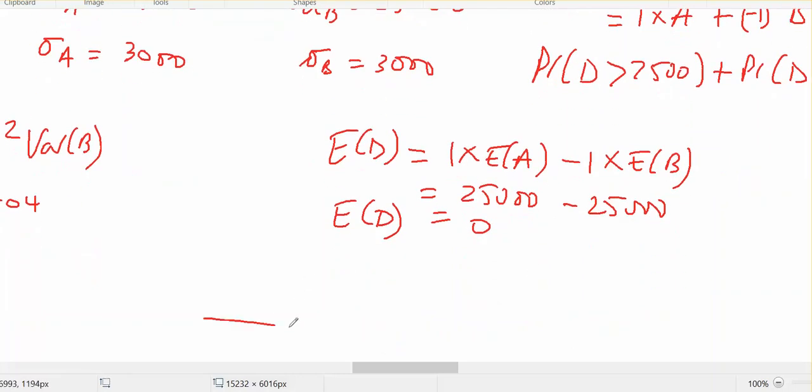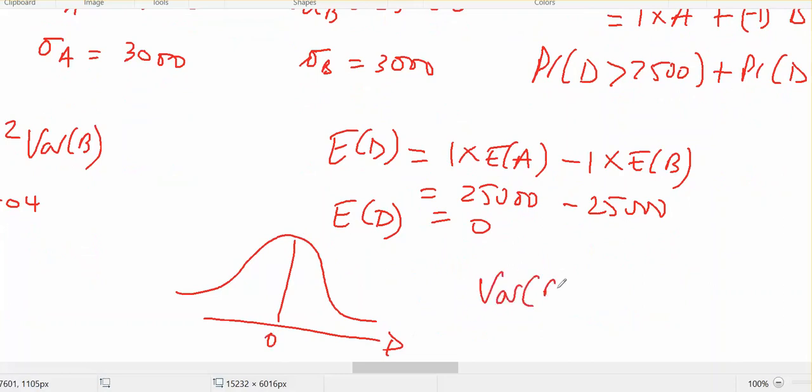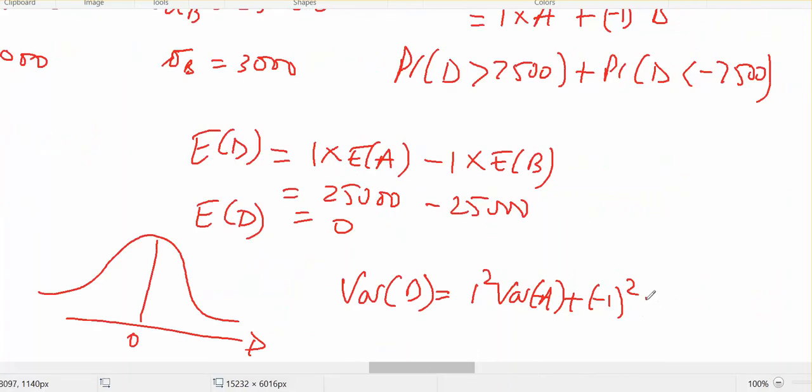So I've got D being a normal distribution with a mean of 0, and the variance of D will be 1 squared times the variance of A plus -1 squared times the variance of B.